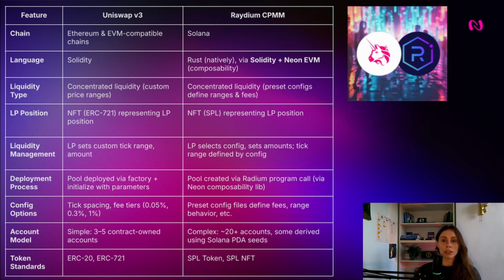Raydium CPMM pools also have config files which define the behaviors, ranges, and fees, unlike Uniswap, but we'll look at that a bit later. So the key difference is that Uniswap pools are typically 3-5 accounts, but Raydium pool creation can involve 20 plus dynamically derived accounts, especially when locking liquidity or using NFTs.